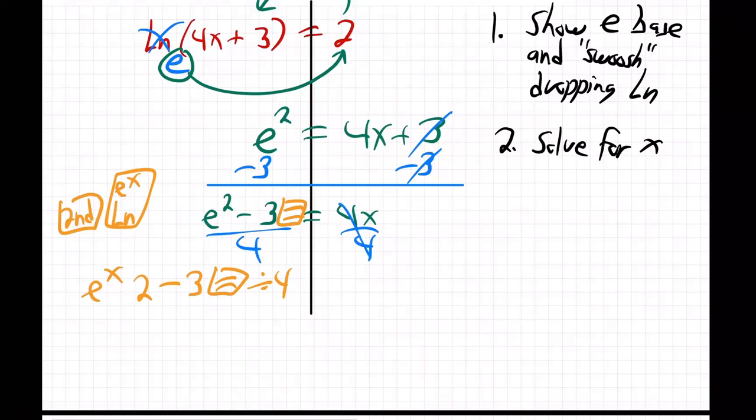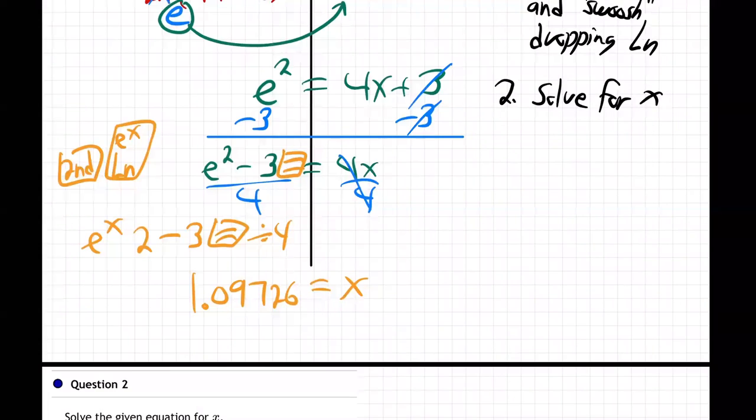I'm going to do it now too. So I'm getting 1.09726. And they want you to round. 4 places is plenty, so I'm going to stop right here. That 6 tells me to round it up: 1.0973. Type that in and you're good.